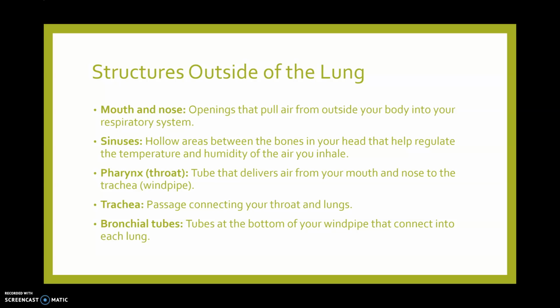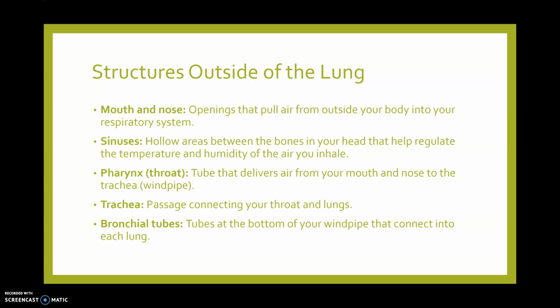Usually we're going to see the nose be used more, but our mouth can obviously bring air into our system as well. Our sinuses are next. These are those hollow areas between the bones of your skull that help regulate temperature and humidity. So that's where we're going to see that part of our function, bringing that air to body temperature.